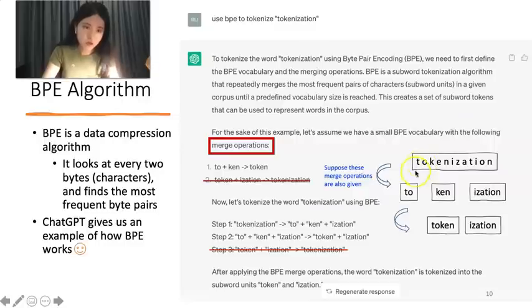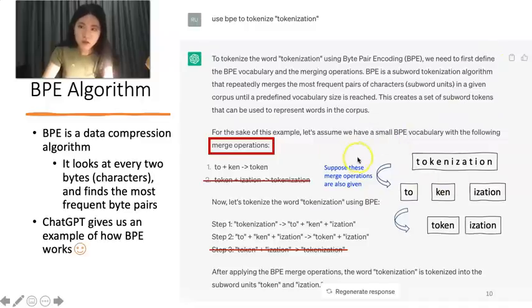Let's see this example. I just put some space in between the characters to give you a sense. When we write it this way, we can look at every 2 characters, like every 2 bytes, and find which bytes can be merged by these merge operations defined according to our BPE vocabulary.